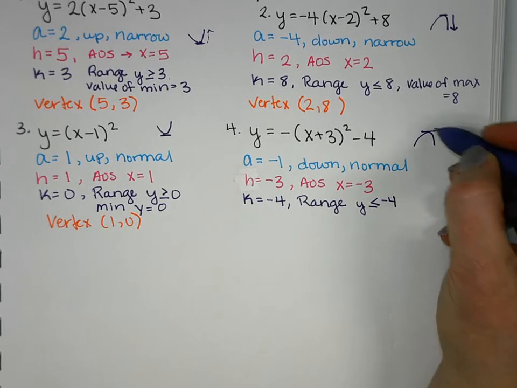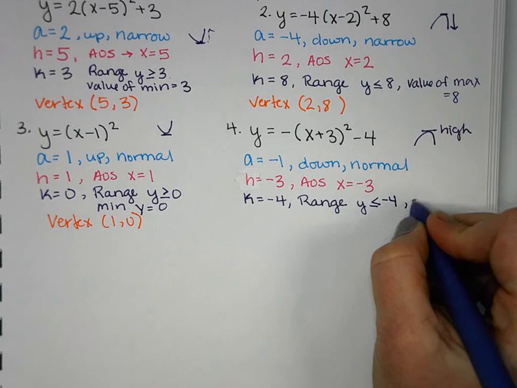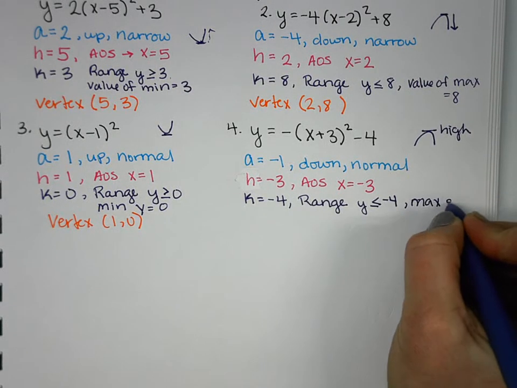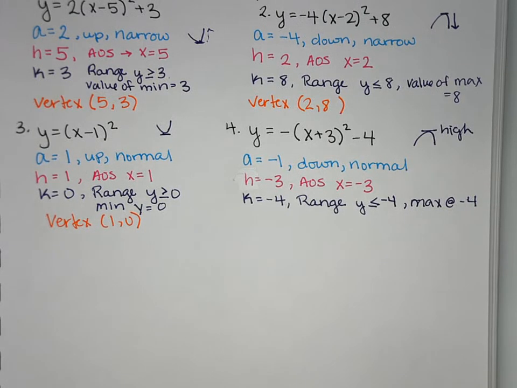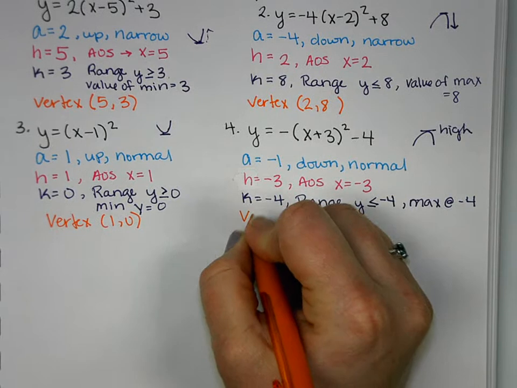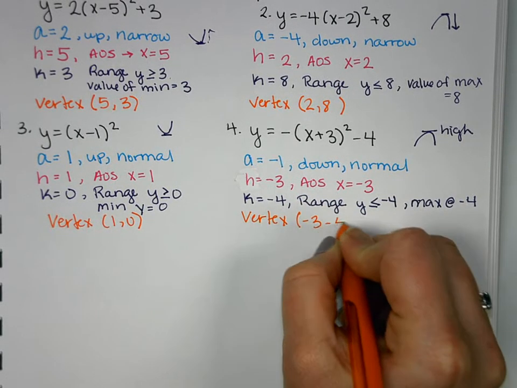We're going to have a high point, or max. So we'll have our max value at -4. And then last bit, vertex. What's our vertex? -3, -4.